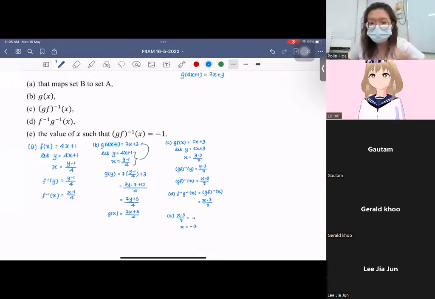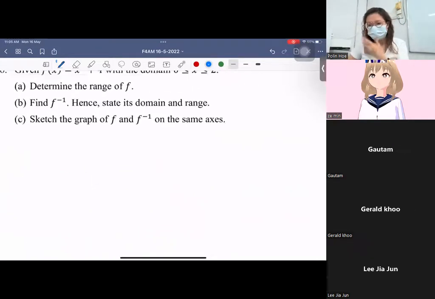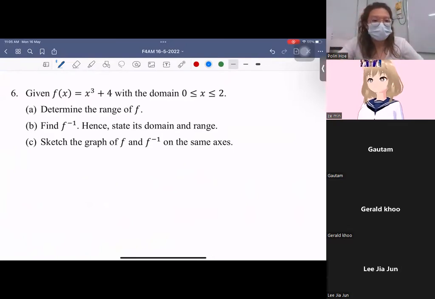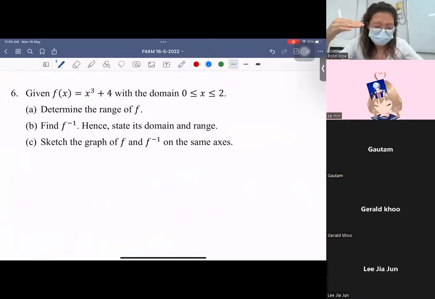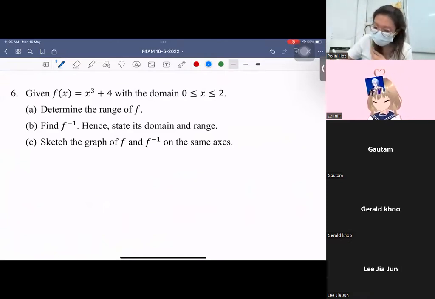Okay, please give me another 5 minutes. I want to talk about the graph for inverse function. The first part, part A and part B, you should be able to do. Determine the range of f.